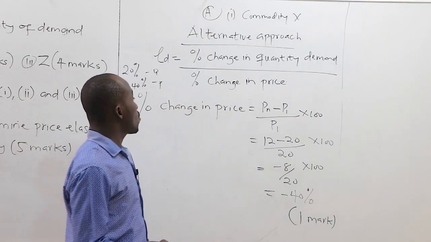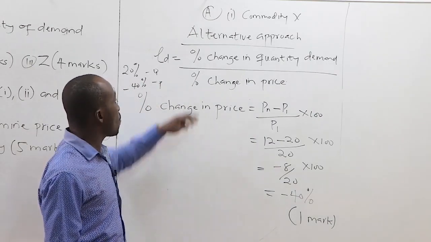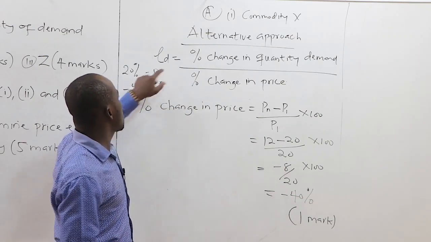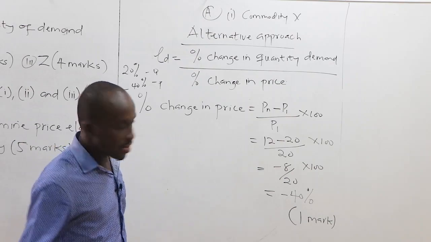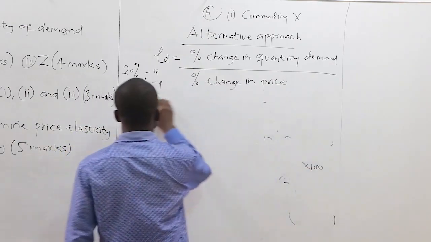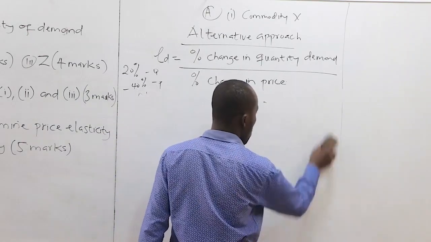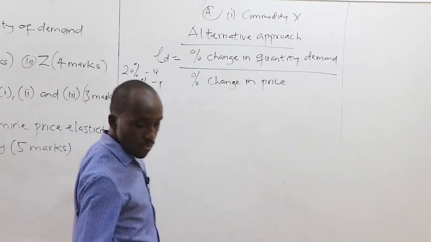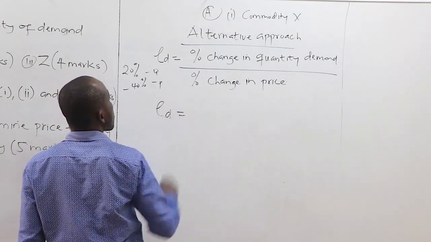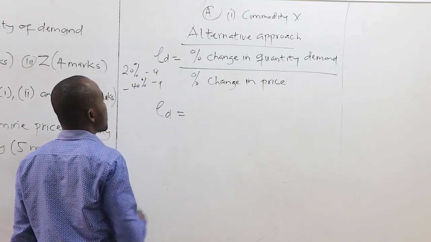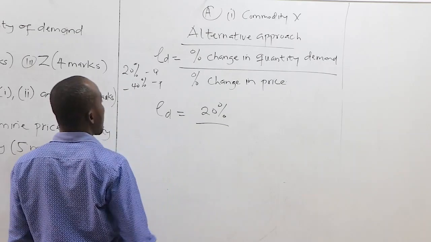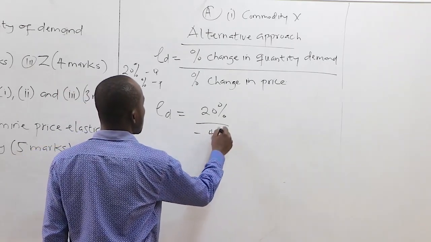Okay, so you have this. The next thing is to go back and put these things back in the function. So if you go and put it back into the function, price elasticity of demand is equal to change in quantity demand, which is 20%, divided by change in price, which is negative 40%.